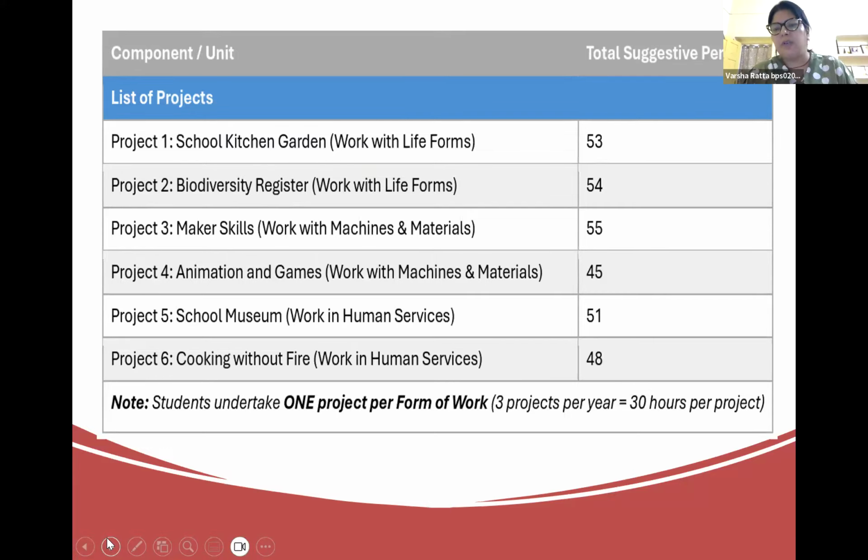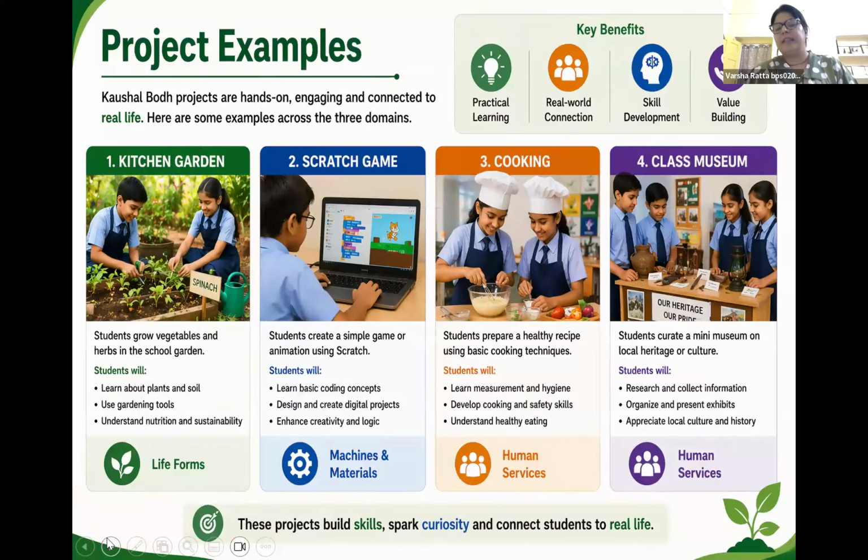Animation and gaming, you can have 45 periods. This is how you can divide it. And if you're creating a school museum for human service, it can be 51 periods. And if you're doing cooking, 48 periods are more than enough. Is that okay? Shall I move ahead? These are the examples. You can see it here.